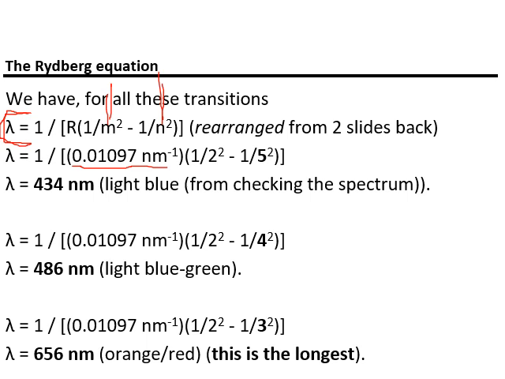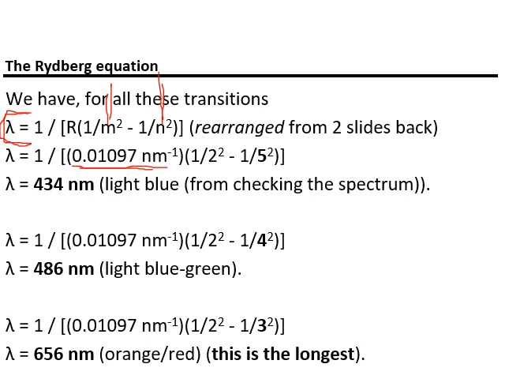So I just rearranged the equation on the previous slide to get it this way. When you write it this way, you can just substitute in M and N and then just do your calculations. So I wound up here with 1 divided by the Rydberg constant times 1 over 4 minus 1 over 25.